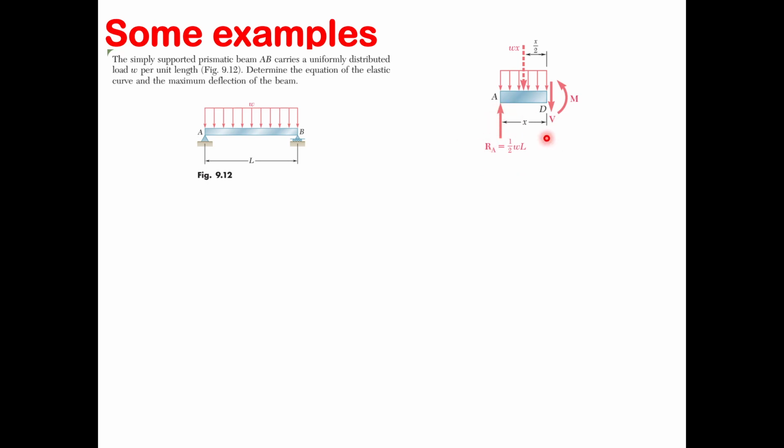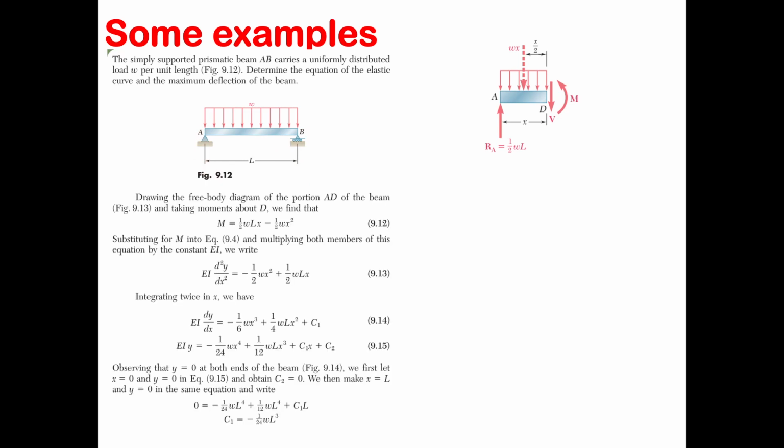But what is this reaction force? If you just try the free body diagram first, you can see the reaction force is going to be half of WL, right? WL is going to be the total force, half of it will be carried by this support, and half of it will be carried by the other support. So you plug that in, you have the moments, right? And then EI d squared y over dx squared is going to be equal to the moment, which is this equation.